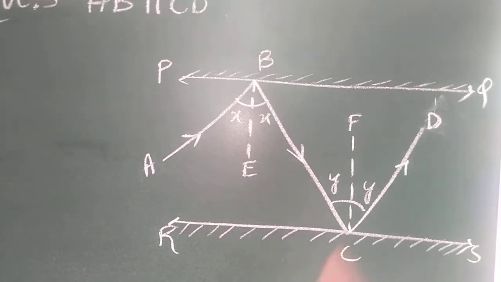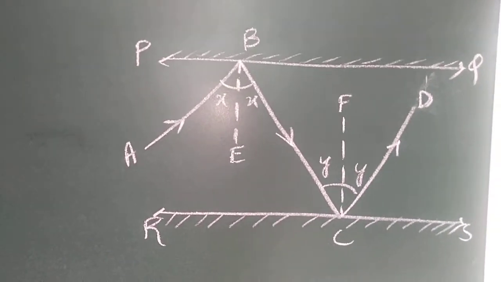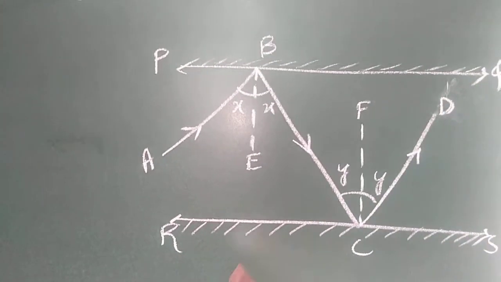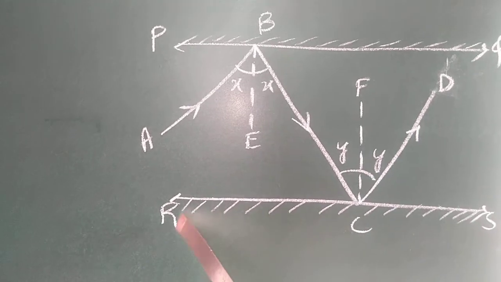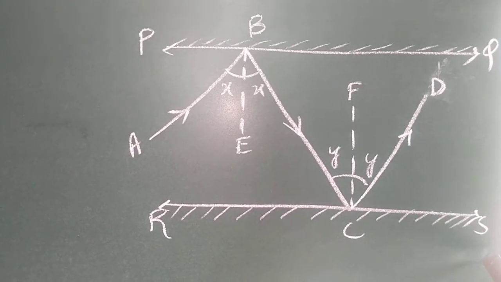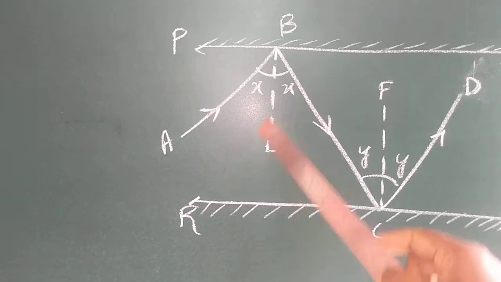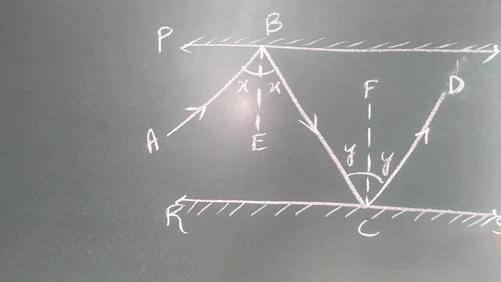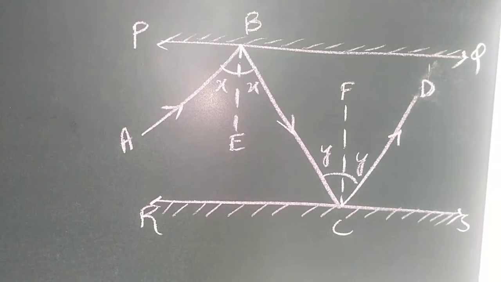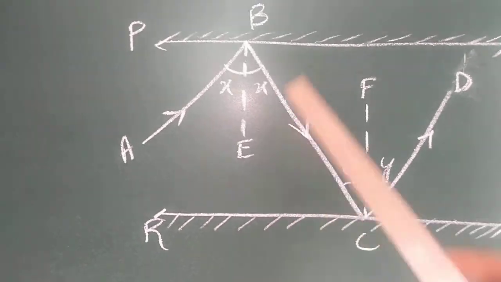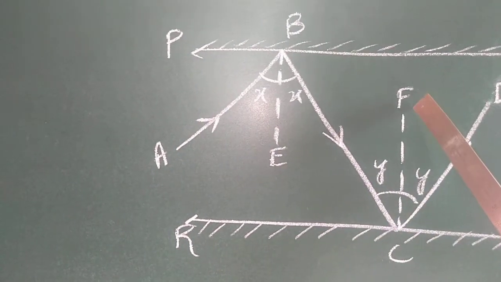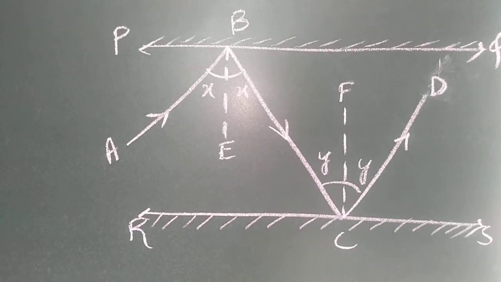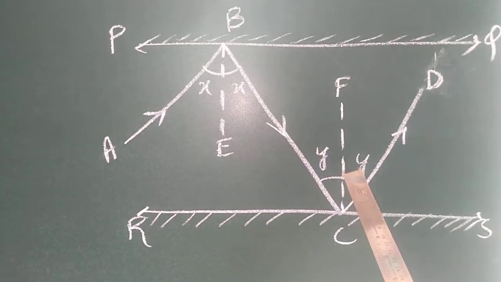So for that I have to make some initial construction such that EB is perpendicular to PQ. Similarly, FC perpendicular to RS. Is it clear, children? EB perpendicular to PQ and FC perpendicular to RS. Okay, children? Then when I do such, BE and CF, as they are reflecting from the two mirrors kept in the opposite direction, these two perpendicular lines will be parallel to each other.